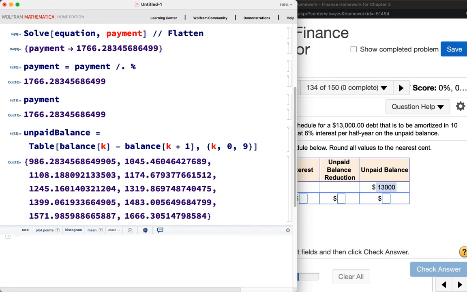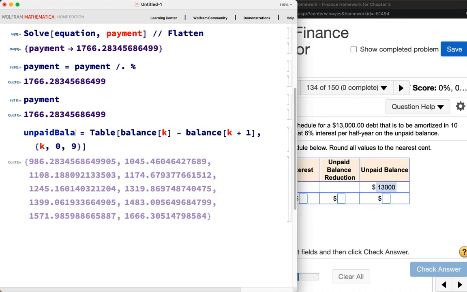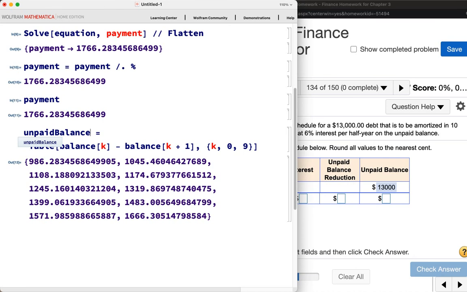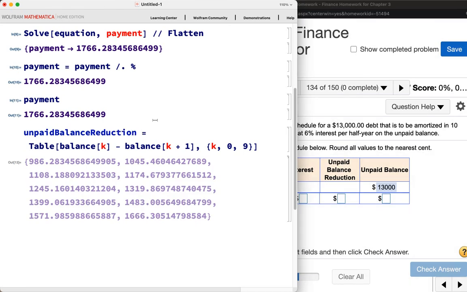There we go. And that looks pretty good. Oops, sorry about that. No, this is my unpaid balance. This is my unpaid balance reduction. Let me make sure we are okay with this.